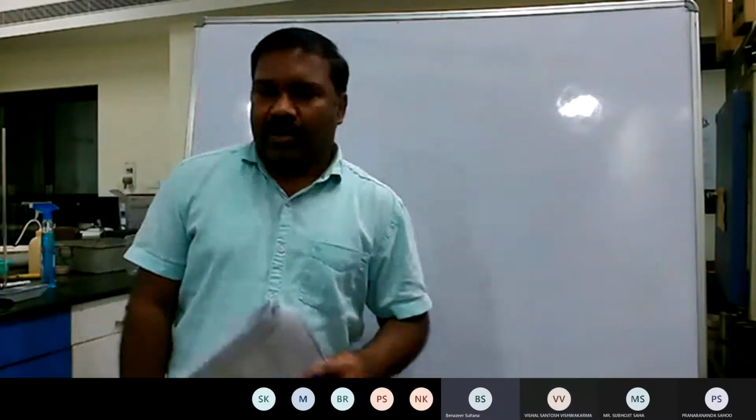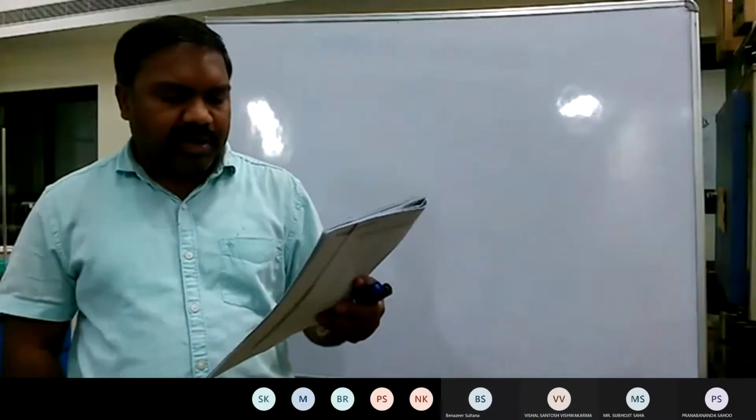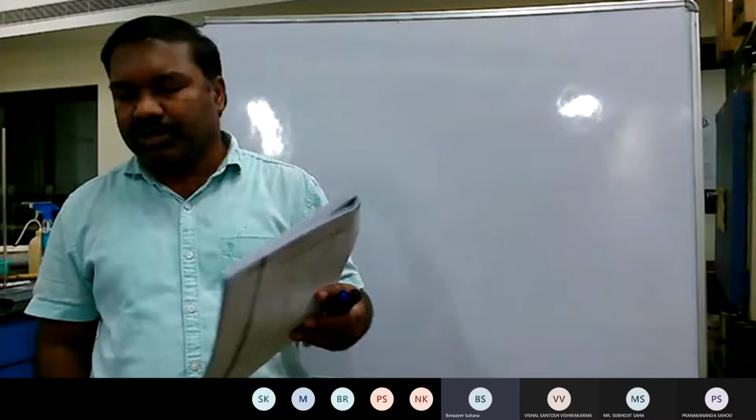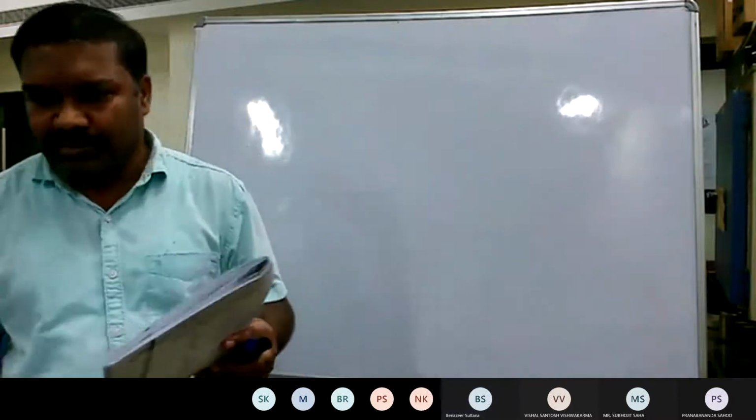So let us open the very first problem. Here a soil element has been shown, which is subjected to both axial and lateral stress as well as shear stress.